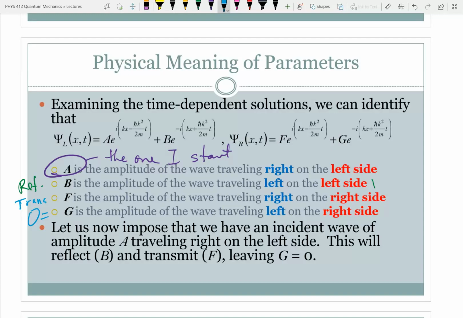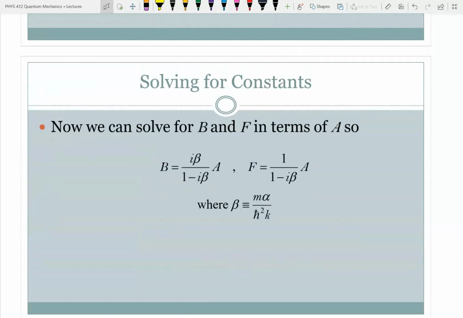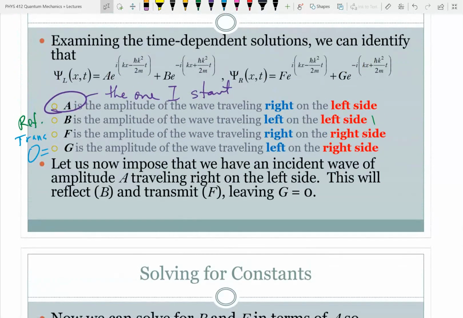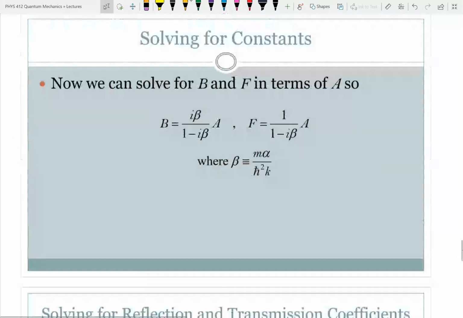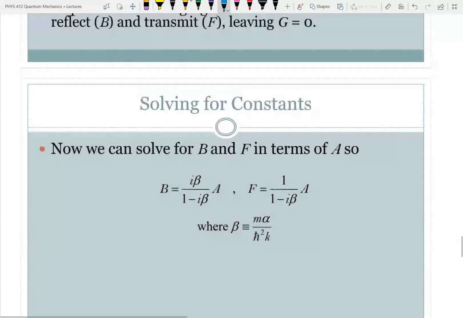So I only have three variables, and only one of them is independent, two are dependent. So with those definitions, now we can go through and solve for what B and F have to be in terms of A.